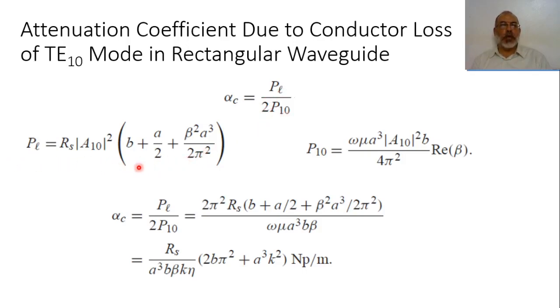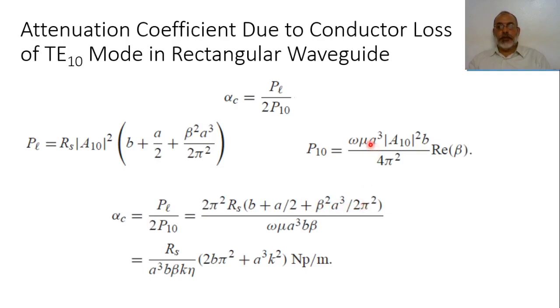We have obtained this formula for power losses, and for the transmitted power P10 we obtained this equation previously. So by dividing this by this and dividing by 2, we obtain the attenuation coefficient due to the conductor loss. From this it would be R surface A10 squared, and already we have A10 squared in the denominator, so it would be eliminated. R surface multiplied by b plus a over 2 plus beta squared a cubed over 2 pi squared.